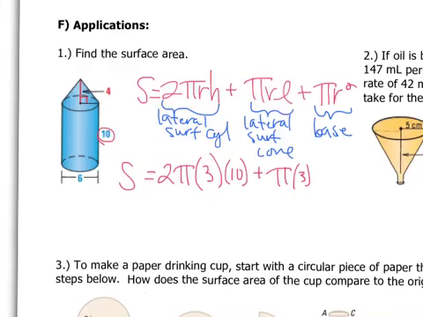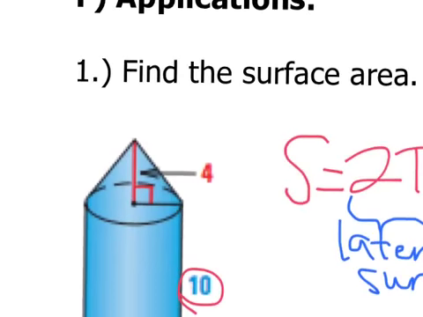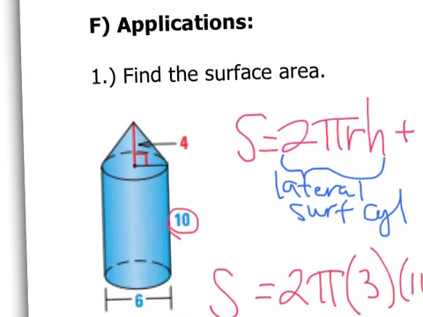Pythagorean theorem. So let's zoom in here a little bit on this cone. We have a little right triangle. The height is 4. That radius was 3. I'm looking to find the slant height, which is essentially the hypotenuse of that little right triangle.